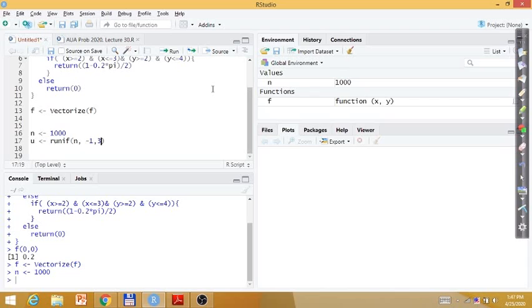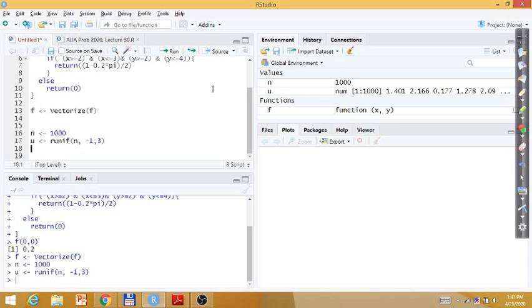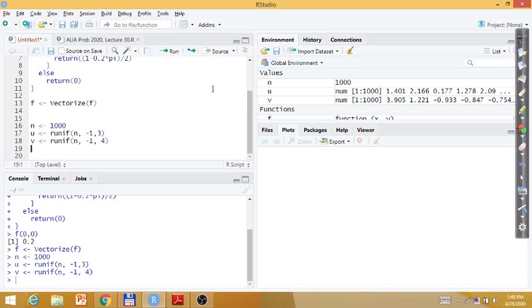This is for x. I'm generating v for y, again uniform, n numbers, from -1 to 4. And I'm generating w for the height, runif for the rejection sampling method, again n numbers from 0 to 0.2, the maximum value of our f.